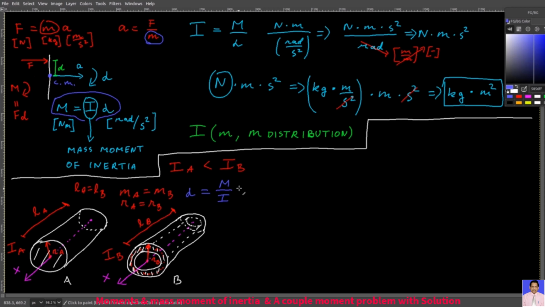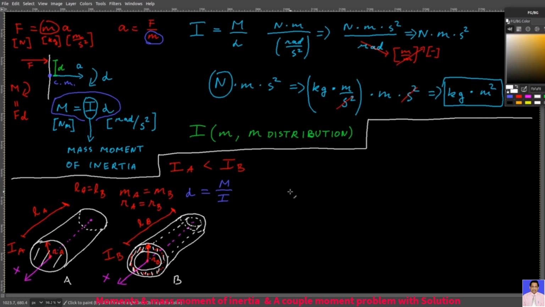So for a certain moment, a bigger I would mean less angular acceleration for the object, meaning that it's harder to make the object turn when you have a bigger I. And then a smaller I will give you a bigger angular acceleration. So it's easier to make an object rotate with a smaller I.